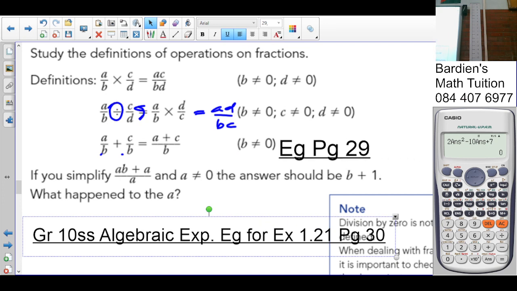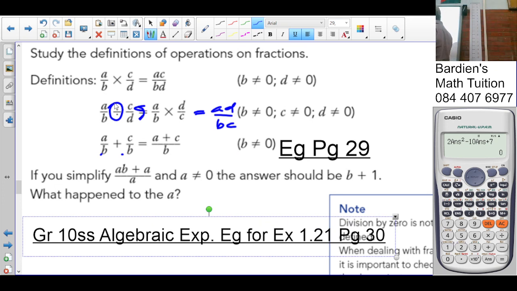Alright. If you simplify AB plus A all over A, and A is not equal to 0, the answer should be B plus 1. If you look at AB plus A over A, we can't say that A and that A cancel. Why? Because there's a plus. Whenever there's a plus or minus between it, we can't do that.